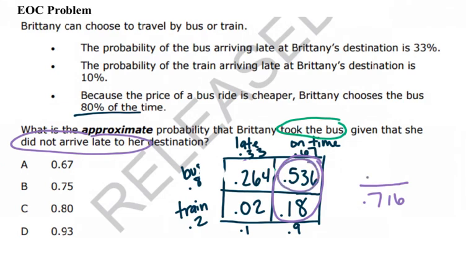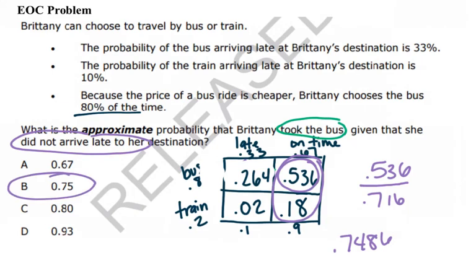So 0.536. I'm going to put that in my calculator, and you get 0.7486. If you remember rounding, we're going to round to 2 decimal places, so it actually is B. I know that's super hard and confusing.